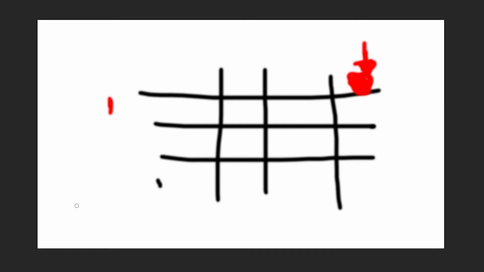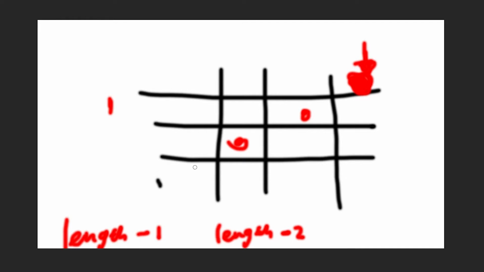So for this one, the column should be length minus 1. And then next one is going to be length minus 2. And then length minus 3, length minus 4. And then it's going to be going downhill like this one.